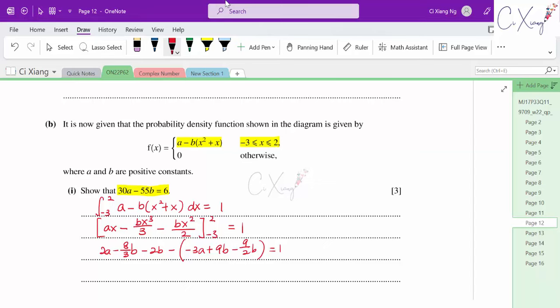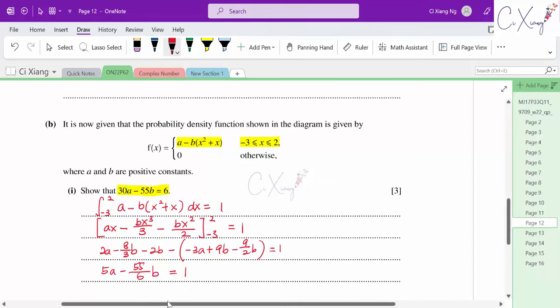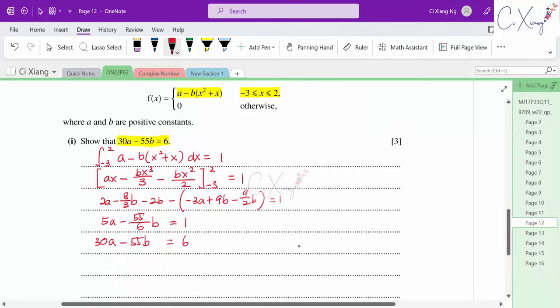If I try to further simplify everything here, I will have 5a minus 55 over 6 b, and it is equal to 1. To make the denominator disappear, multiply the whole equation by 6. So I'm having 30a minus 55b equals to 6. So I think this is how we get the equation that they want us to show.